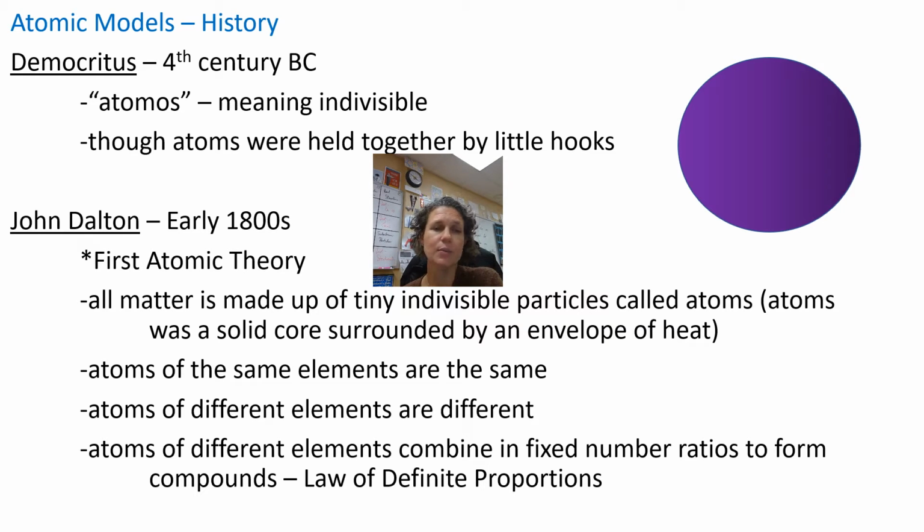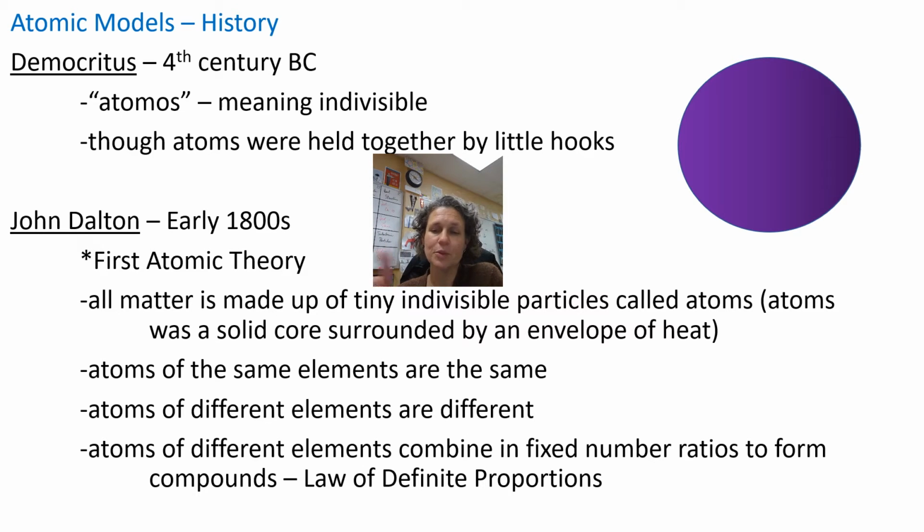We can't divide it anymore. And he called this an atomus, and that means indivisible in Greek, and so that's where we get our word atom. As far as how they were held together, he theorized that they were held together by little hooks.